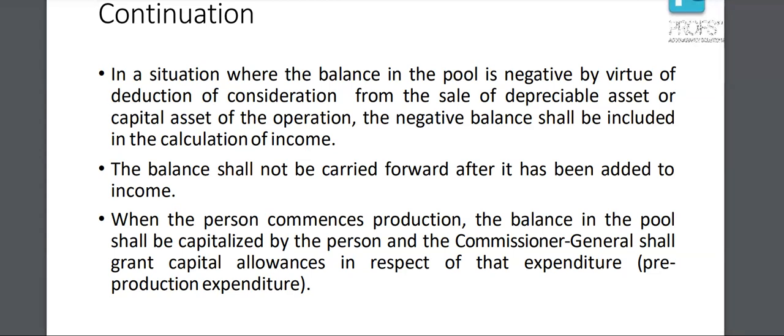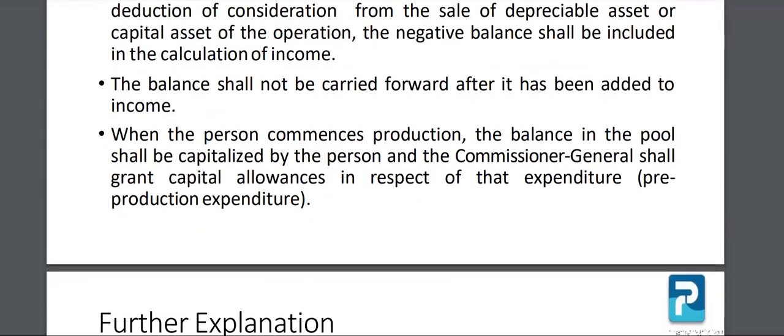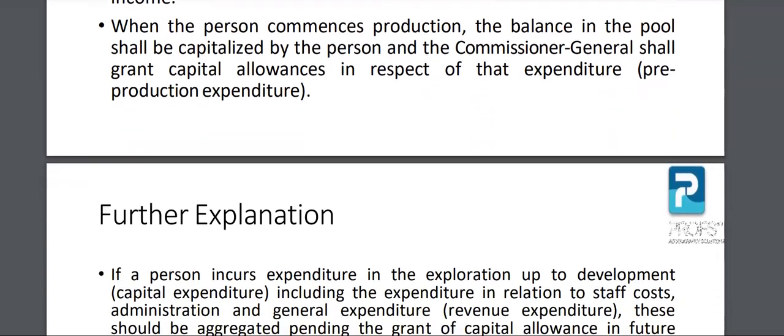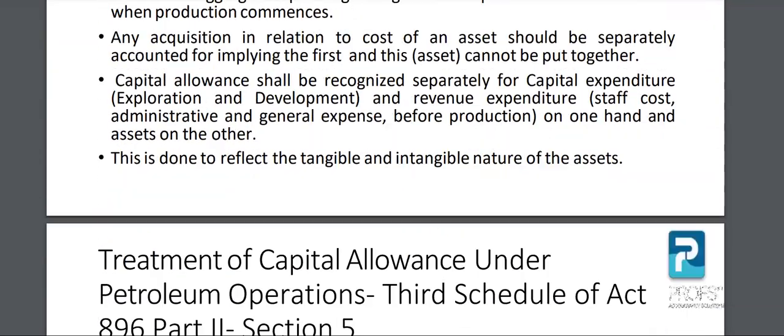So you can offset the consideration from the pool of an asset. In an instance where it becomes negative and let's say production begins, you just carry the negative value to the income because more or less the consideration has exceeded the cost. So the balance is in the negative, and for that matter, it's an income. So you can just pass it through the computation of the income. Basically, that is what it means.